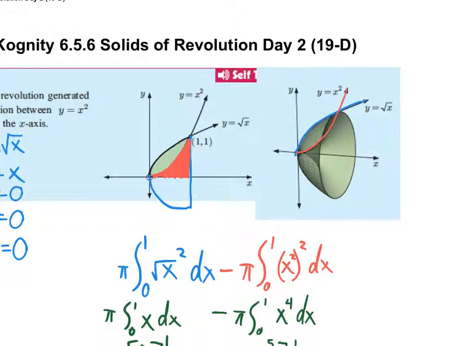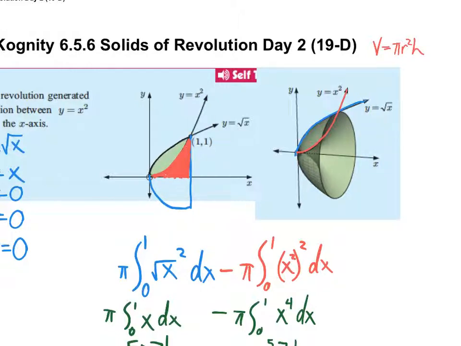Yeah, go ahead. Yeah, the last one. Why is it squared? It's squared because if you remember, our volume of any function revolved around the x-axis was pi times the function squared. Because what we're doing, it all went back to the volume of a cylinder, pi r squared h.